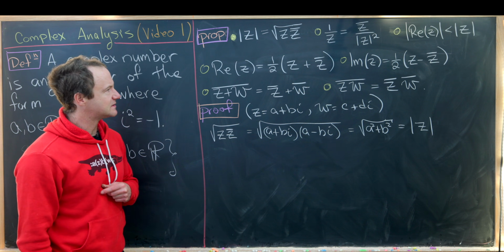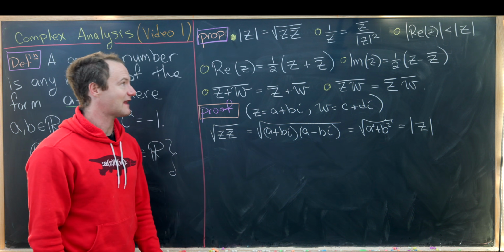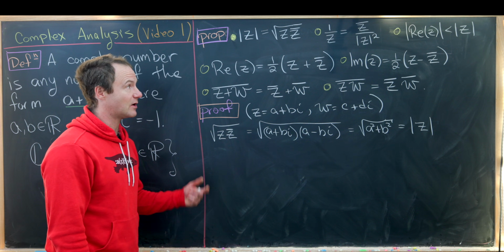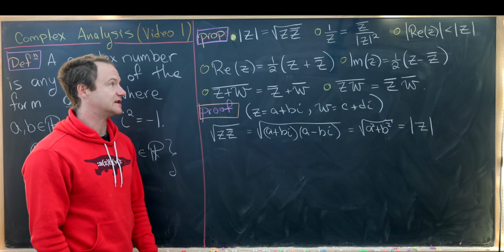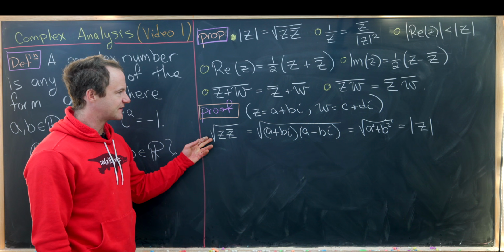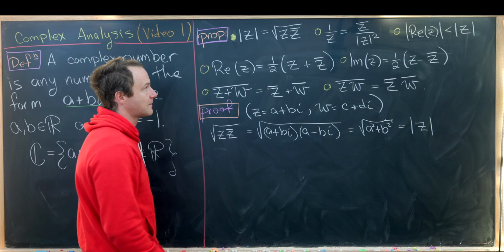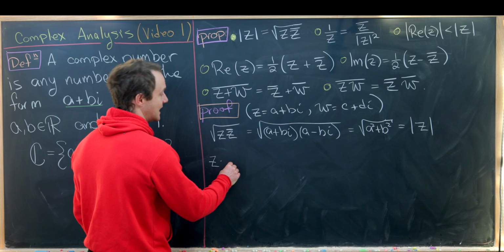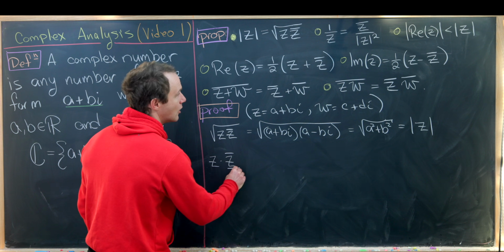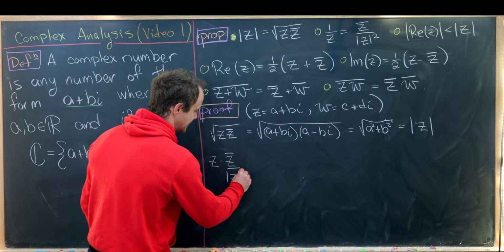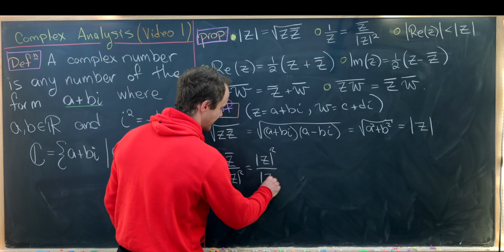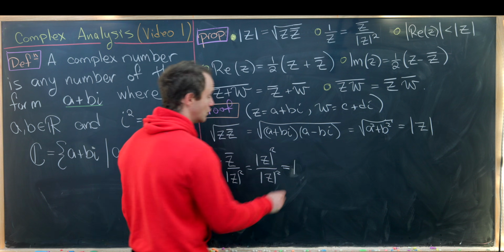Now let's move on to maybe this second one, and that is 1 over z is equal to z bar over the modulus of z squared. So that actually follows from this pretty quickly. So how do we do that? Well, let's notice that z times z bar over the modulus of z squared is exactly equal to the modulus of z squared over the modulus of z squared, which is equal to 1.